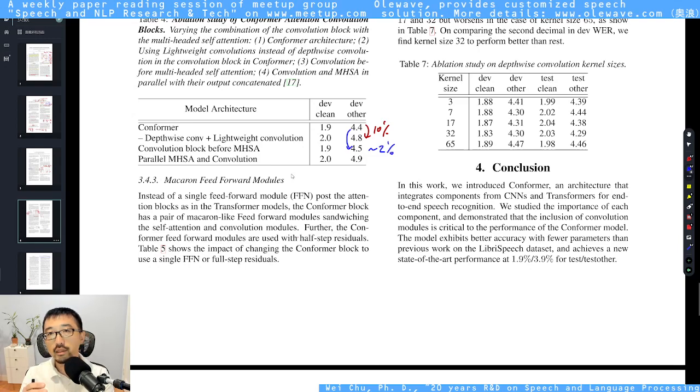But in terms of attention, remember in the LAS, listen, attend, and spell model, the attention happens only after you finish the encoder, which is layers of LSTMs or CNNs. So attention happens on top of a CNN. So this is interesting to see in this paper.